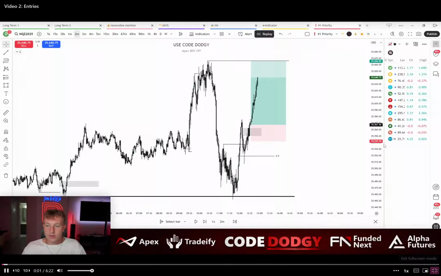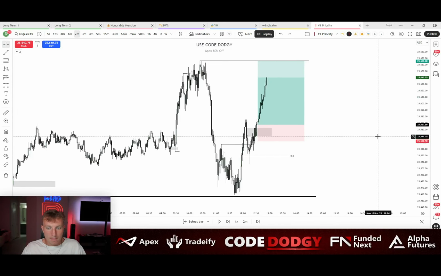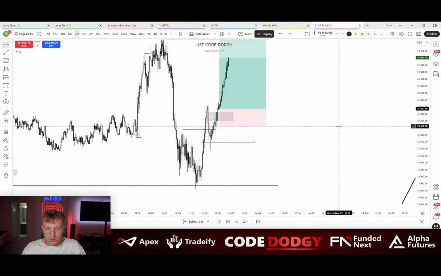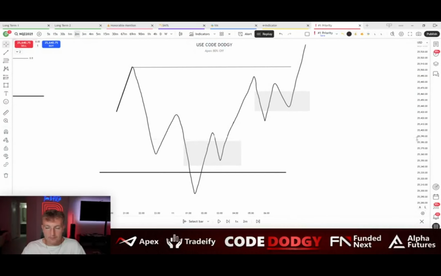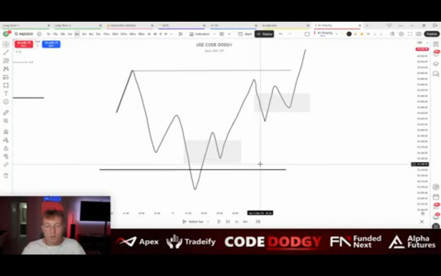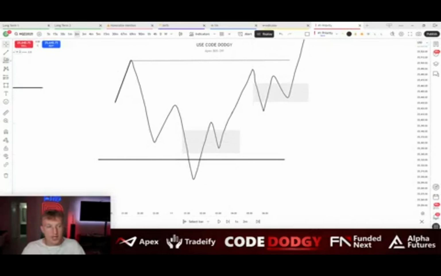All right, so let's get into the actual logistics of my model, okay? Because there's a few stipulations. So I'm going to go back to the picture I showed you guys here. And what I want you to understand is this point right here. I'm going to label this in blue.